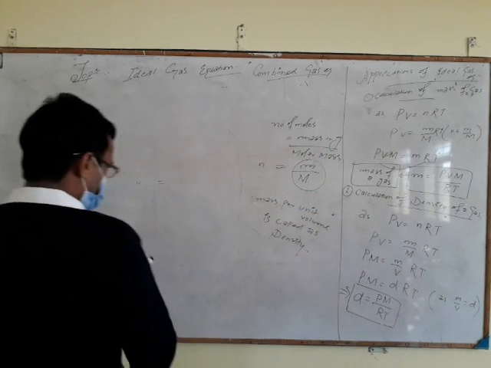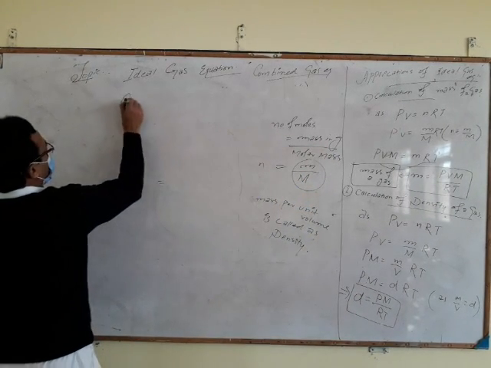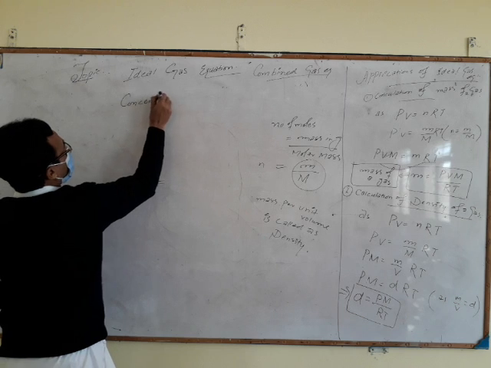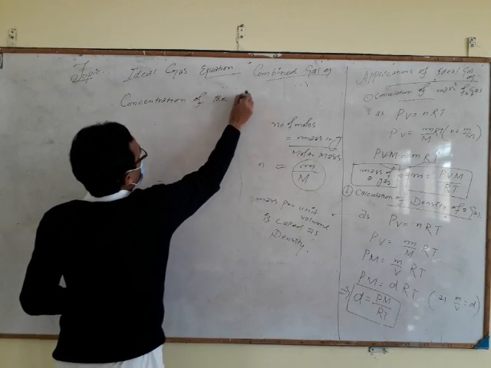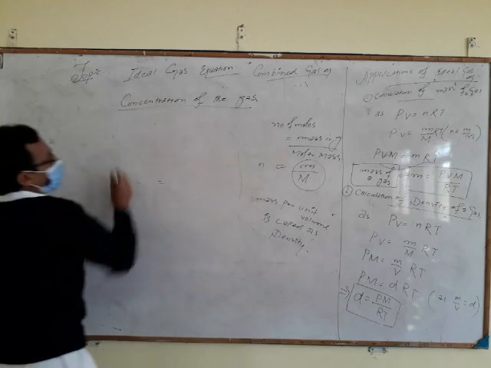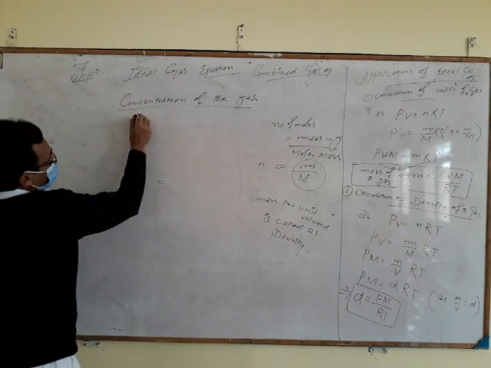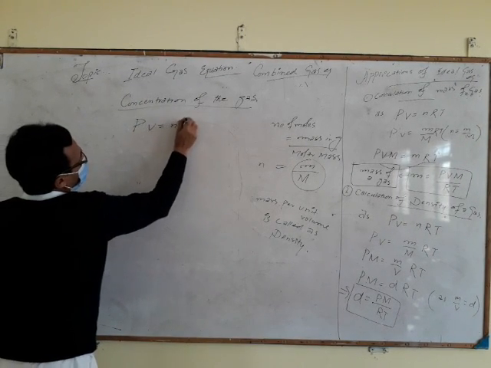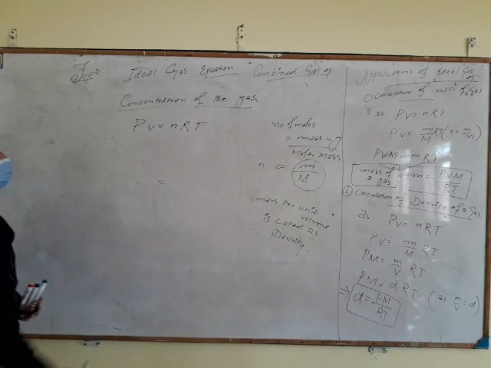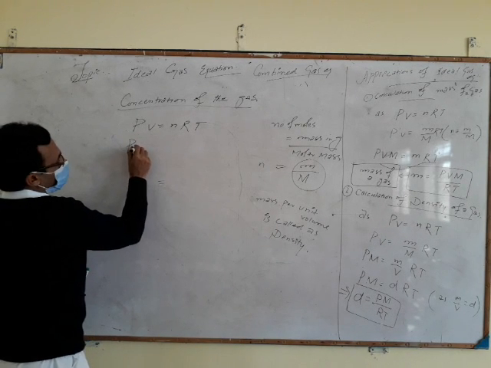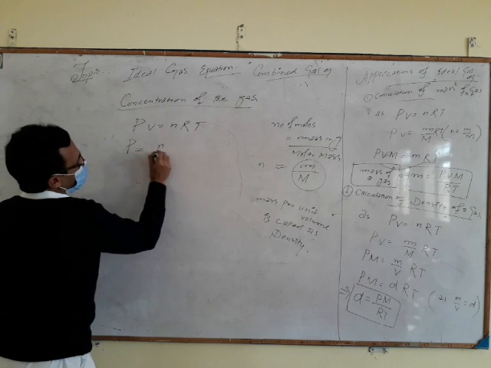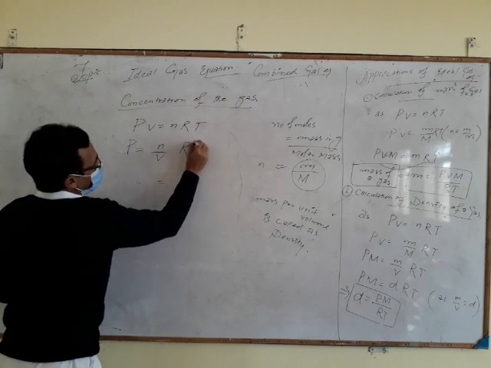Similarly, we can calculate the concentration of the gas. How? We know that PV is equal to nRT. On rearrangement, P is equal to n by V RT.